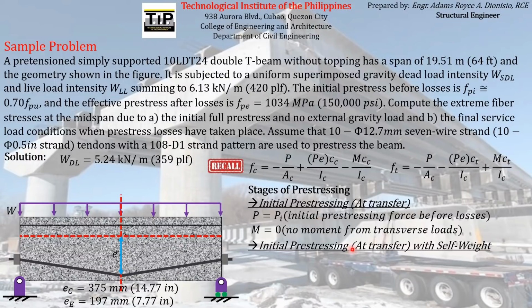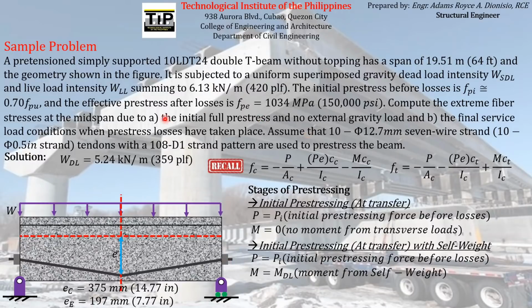Thereby, it will already produce a moment inside the concrete element due to that dead load, or the self-weight of the concrete element itself. But the pre-stressing force is still the initial pre-stressing force Pi, before the different pre-stress losses occur on the pre-stressing reinforcement.